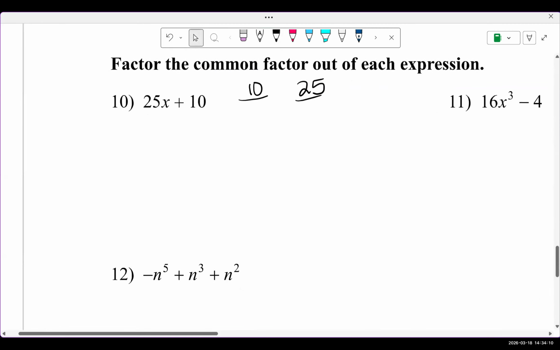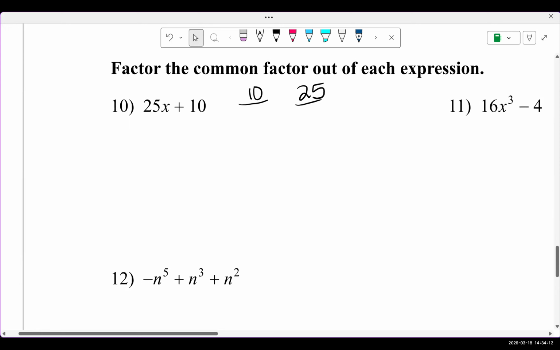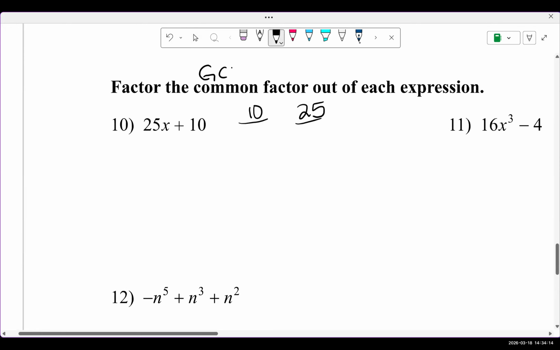Number 10, factor out the greatest common factor. GCF, greatest common factor. So from the chart of factors, we see that the factors of 10 are 1 times 10 and 2 times 5. The factors of 25, 1 times 25, 5 times 5.